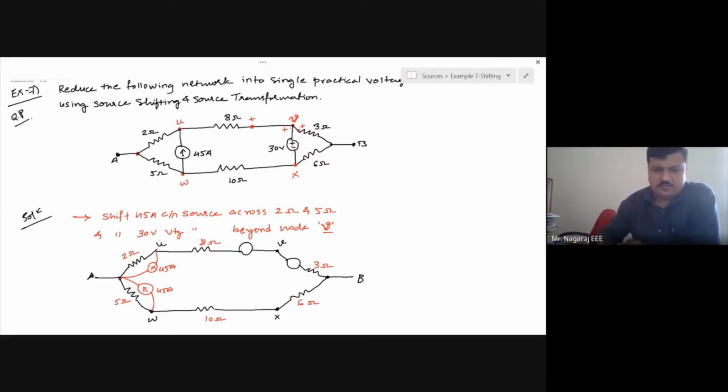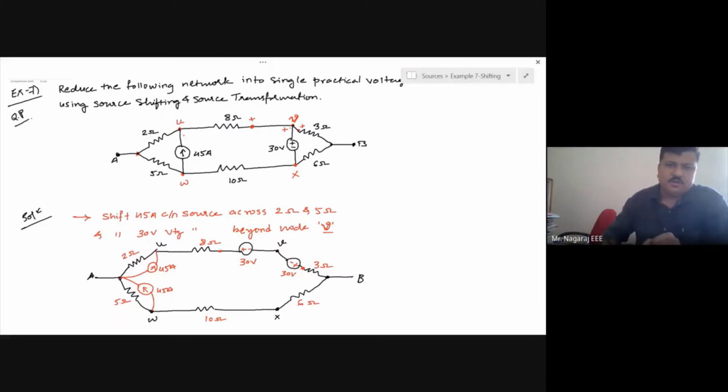So to keep the right terminal of 8 ohm positive, my voltage source should have a plus sign on the left. This is 30 volts. And to keep the left terminal of 3 ohm positive, my voltage source should have its positive terminal on the right. So this is 30 volt. So this is what we get after source shifting.